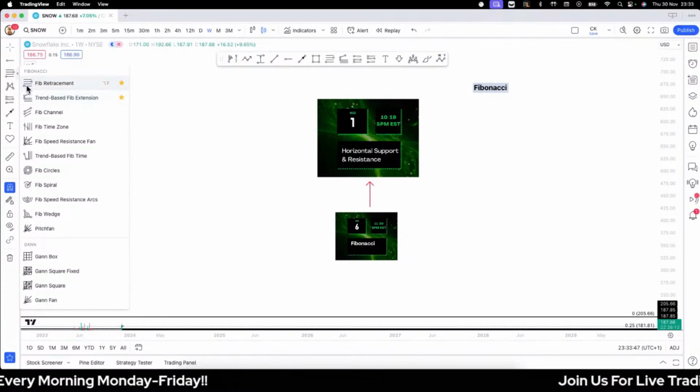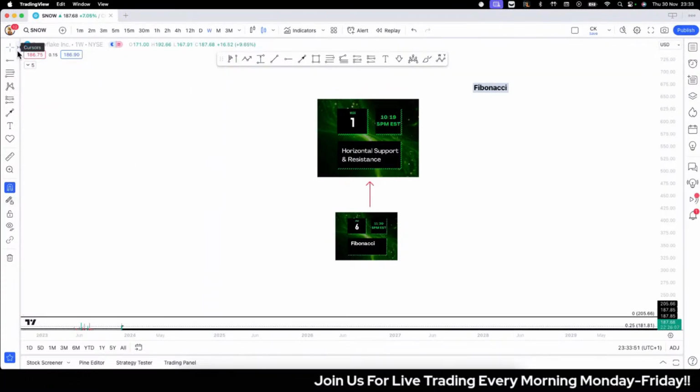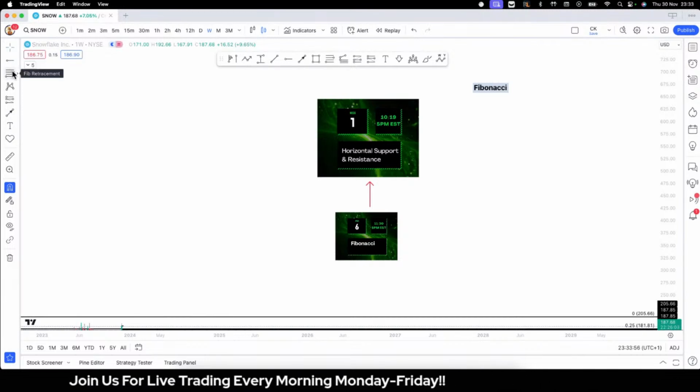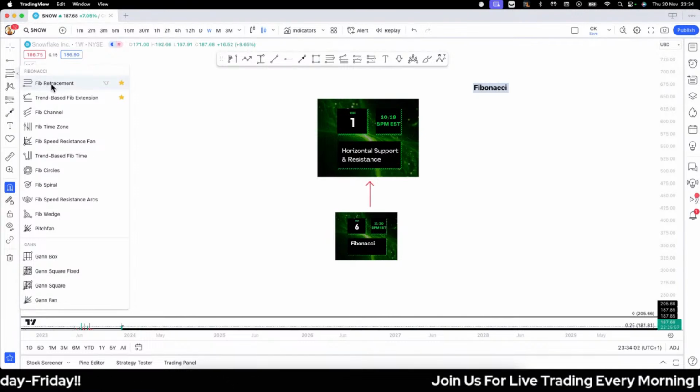And on TradingView, so where do you find Fibonacci? Well, it's basically a tool, not really an indicator. It's more like a tool. So if you go to the left here, my third column, my third row, I personally only use Fibonacci retracement and trend-based Fibonacci extension.